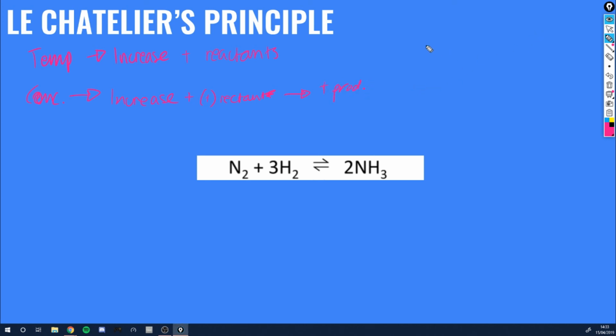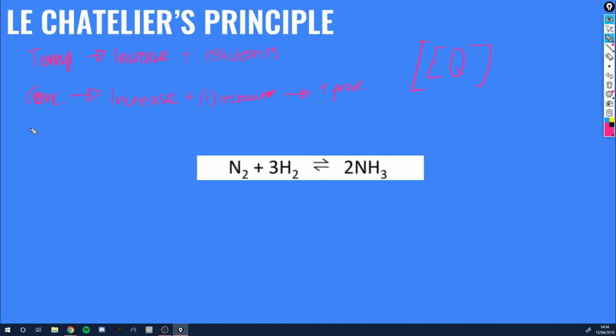And remember, this is all until it reaches equilibrium again. The reaction will always shift to reach equilibrium. That's what dynamic equilibrium is, because dynamic means that it's always changing. It will always change to make sure that equilibrium is reached.